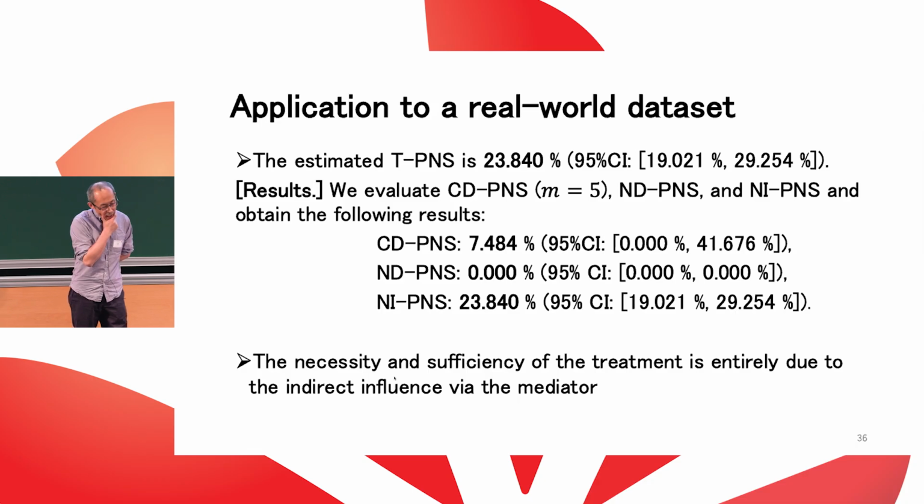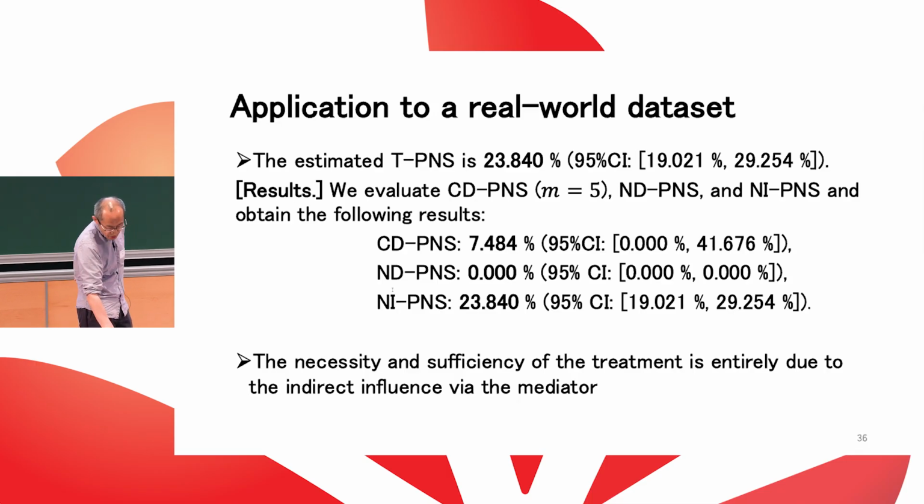So we use the standard CDF estimators. So here is our estimation result. First, we estimate the PNS is 23.8%. And now if we compute those controlled direct PNS, natural direct, natural indirect PNS, it turns out the natural direct PNS is basically close to 0.